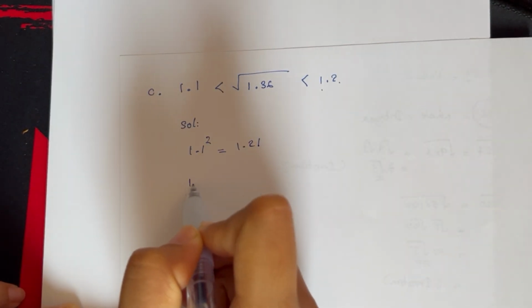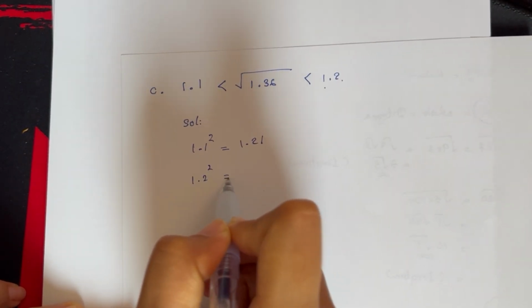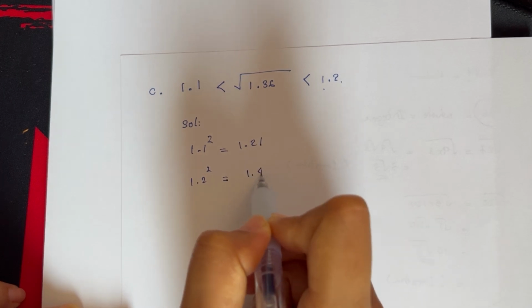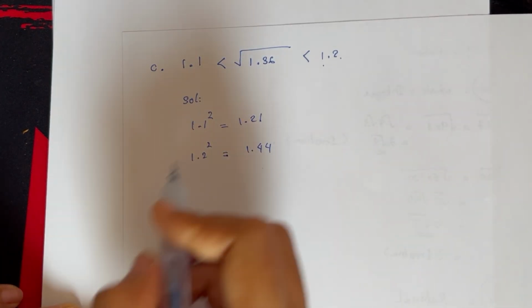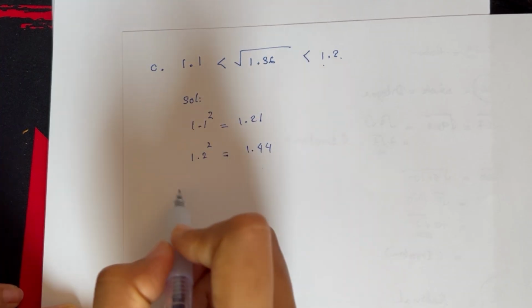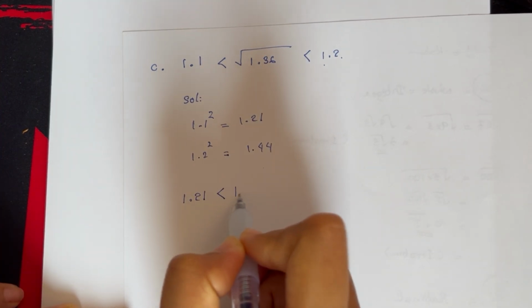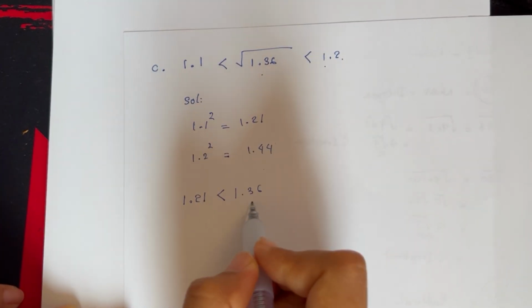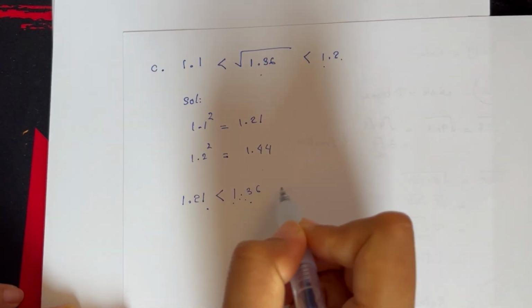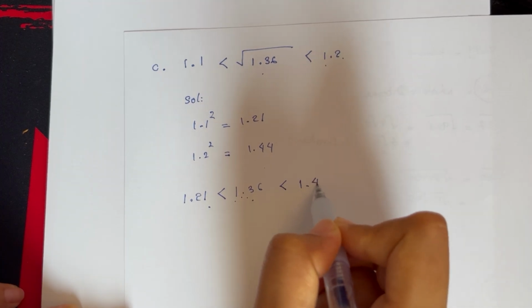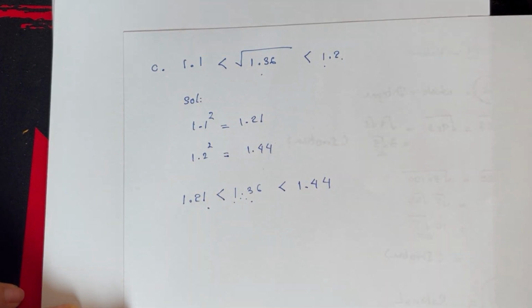And 1.2 squared is equal to 1.44. So from this, I will write like this. 1.21 less than 1.36 stays correct, and 1.36 less than 1.44 is still correct.